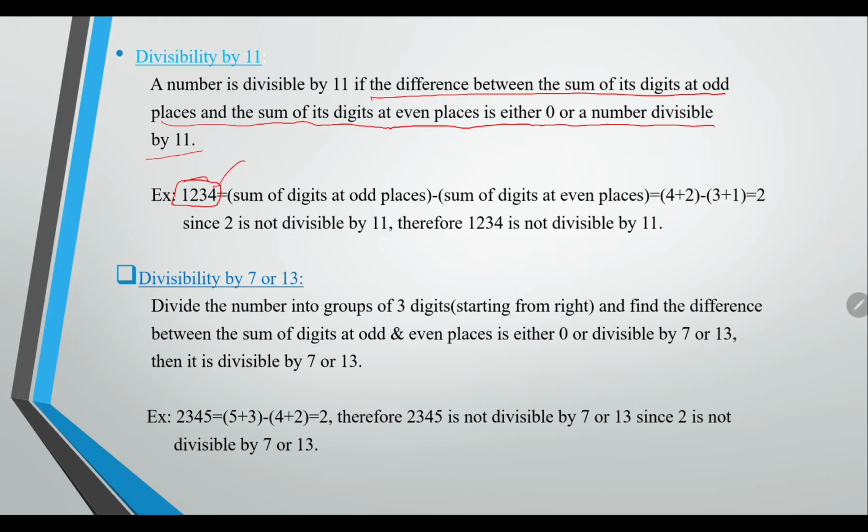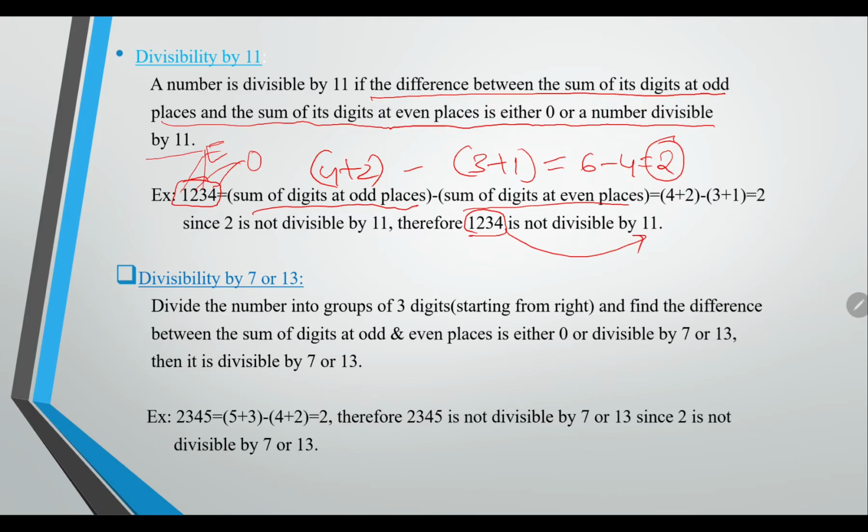So 4 and 2 are in the odd places and 3 and 1 will be the even places. So the sum of its digits at odd places, that is 4 plus 2, minus the sum of its digits at even places, that is 3 plus 1, that is equal to 6 minus 4, that is equal to 2, which is not divisible by 11. So therefore 1234 is not divisible by 11.